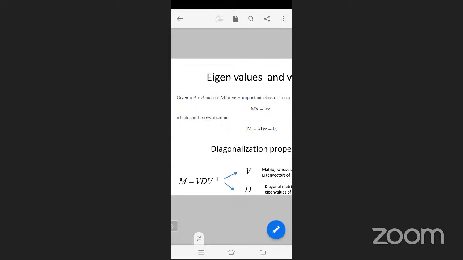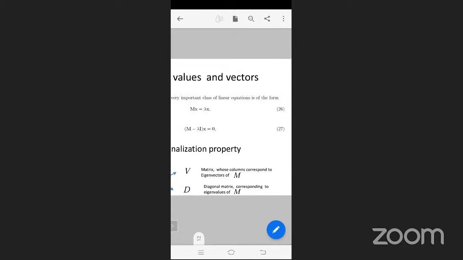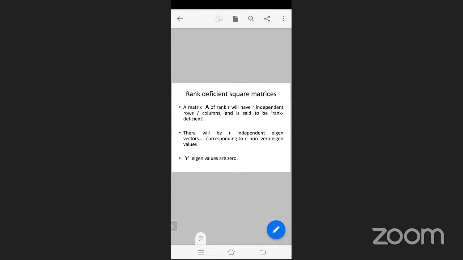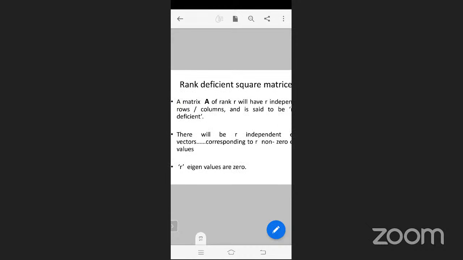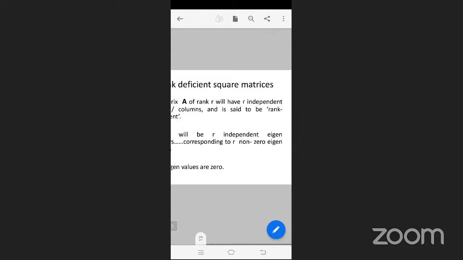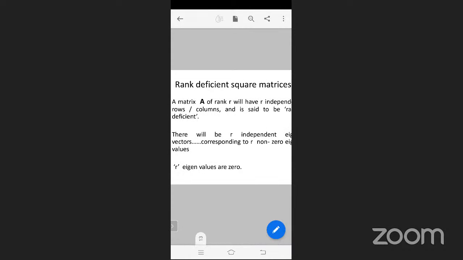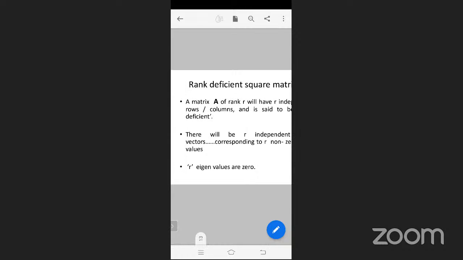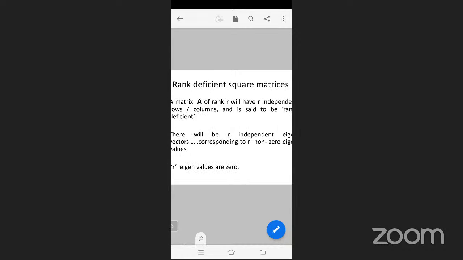The other case is a square matrix which is rank deficient with a rank of R. Then there will be R independent rows and columns, so at most R independent eigenvectors and R non-zero eigenvalues. Is it clear to everyone? The remaining n minus R eigenvalues will be 0.